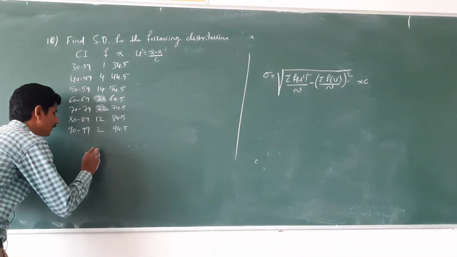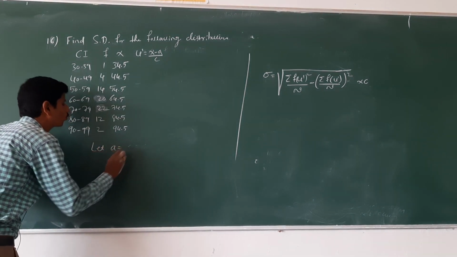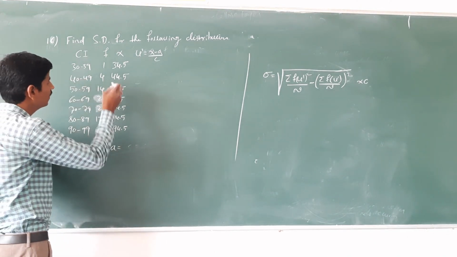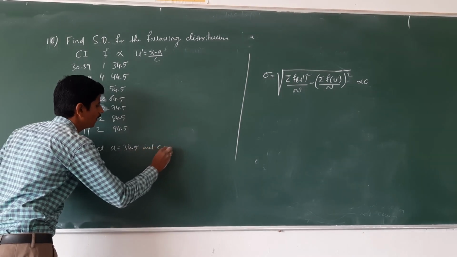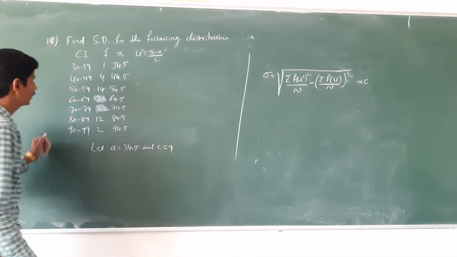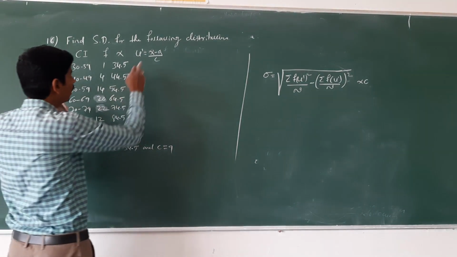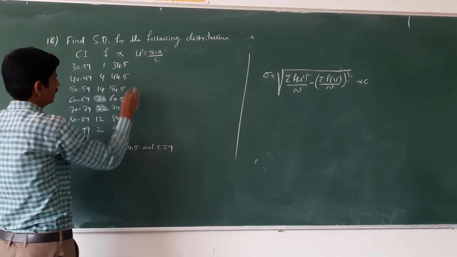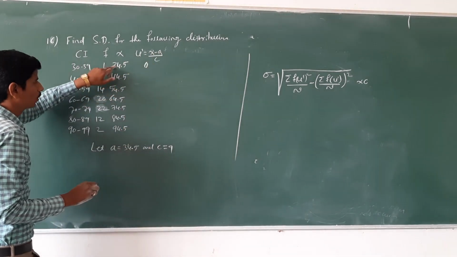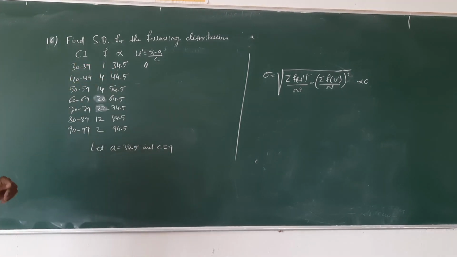Here let a equal the first one, let a be 34.5 and c is 9, the width of the class interval. 39 minus 30 is 9. Here x is 34.5, 34.5 minus 34.5 divided by 9 is 0. 44.5 minus 34.5 divided by 9 is 1.11.